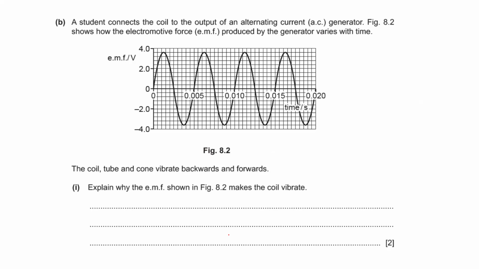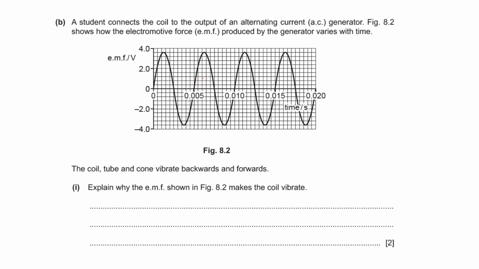Okay, so basically, we have shown an EMF, or electromotive force, over here. This EMF is producing a time varying signal, and this EMF results in a time varying current that is generated inside the coil wound on the cardboard tube.